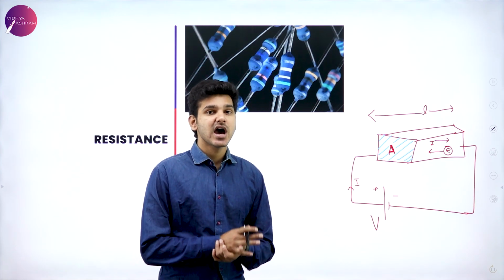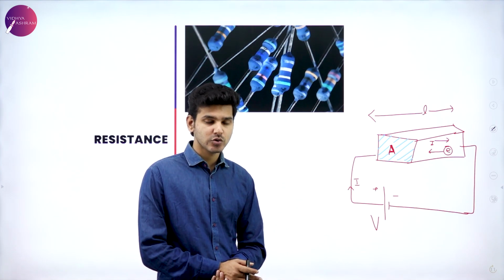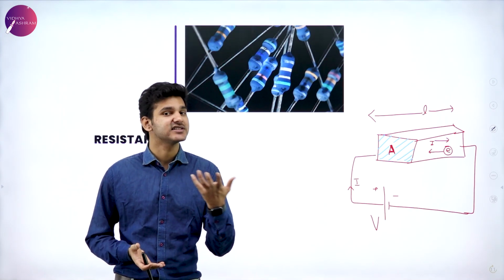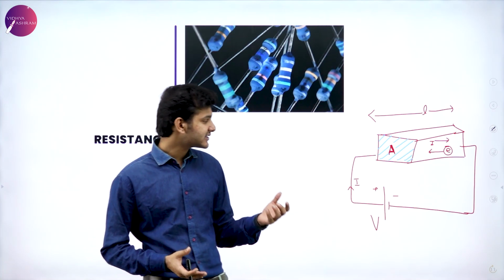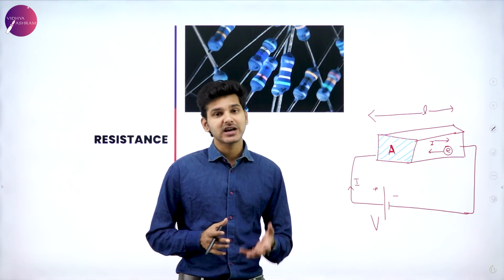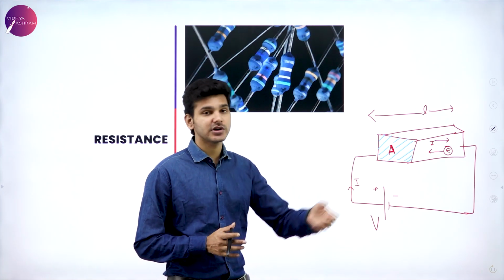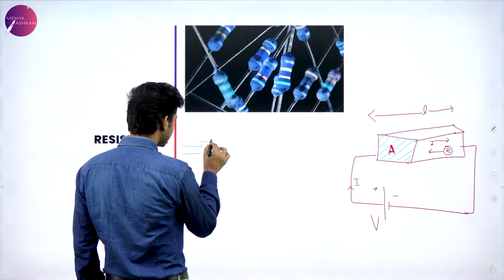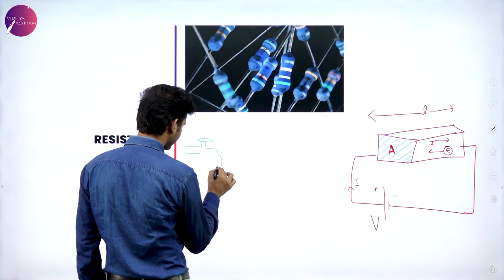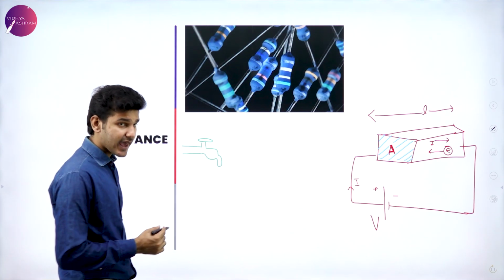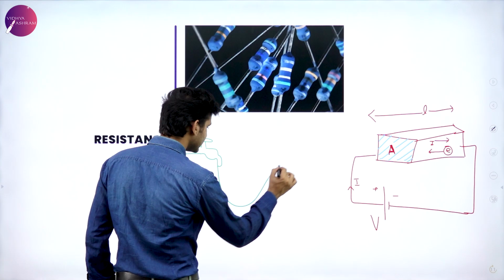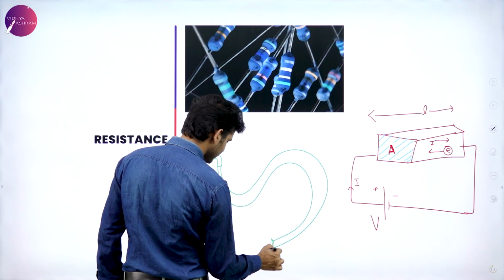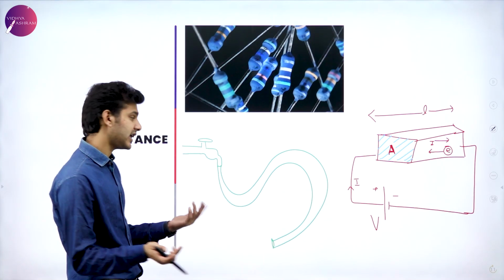So what does this resistance exactly do? What do you think the word resistance means? Resistance means that it opposes something. In this case, resistance is the opposition or restriction offered to the flow of current. So if you imagine that this is a tap through which water is coming out, and I have connected a hose to it so that I can spray water anywhere I want.